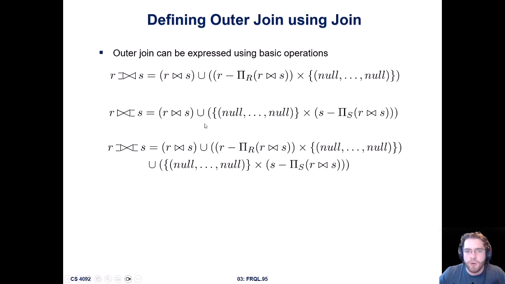We can see here that we're unioning anything null with anything inside of our S relation, so whatever's after the join sign. And then in this scenario here, we have our relation R, and we're getting a Cartesian product of everything that was null inside of that one too, okay? Finally, for our full outer join, it just combines both of them together.